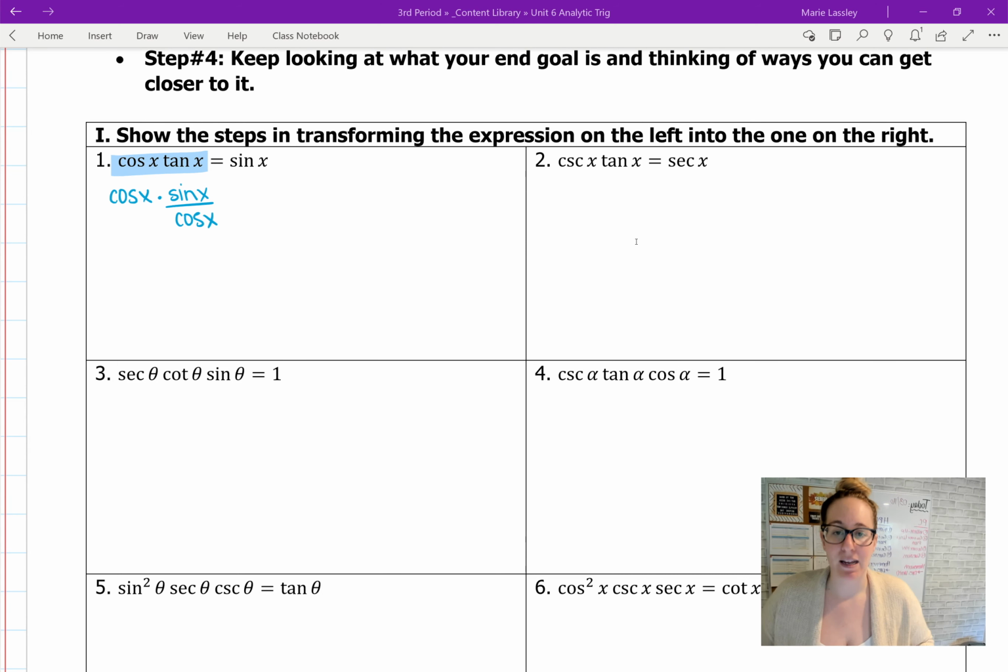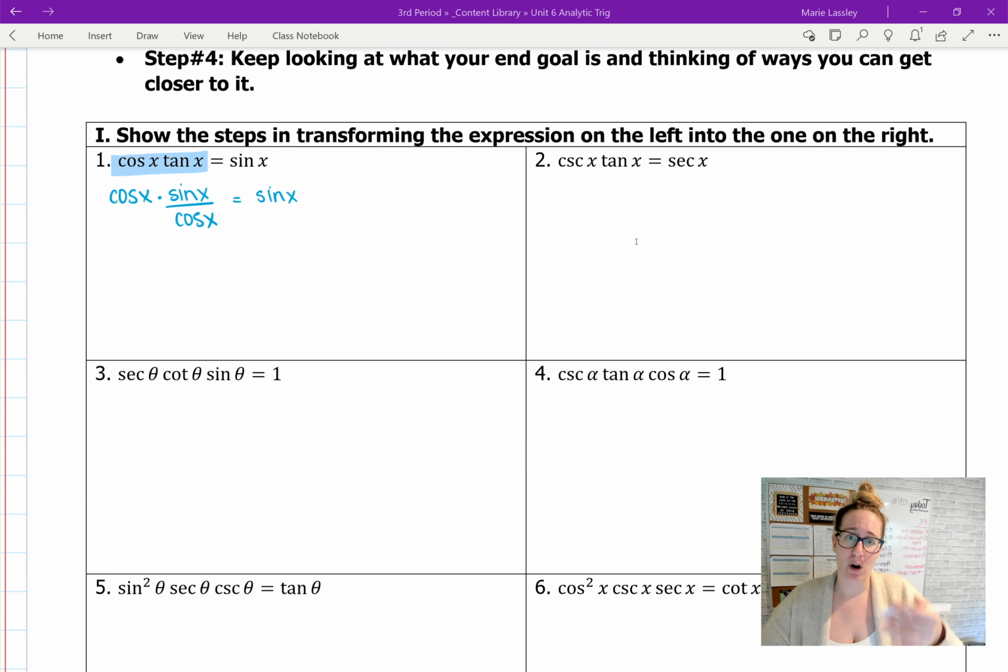Now I'm going to leave it blank. Some people like to put the sine x right there so that they remember it and keep it with them. Some people like to just put the equals and then put the sine x at the very end. It doesn't matter. The one thing that you can't do is work sideways. I am going to be very particular about how you write your proofs.